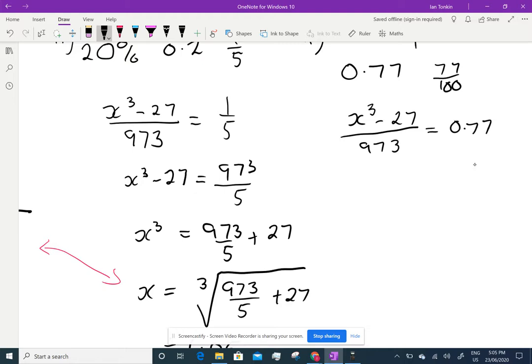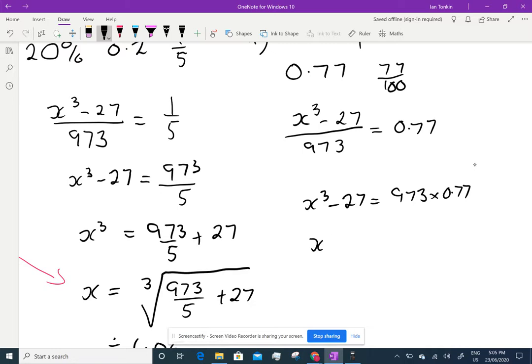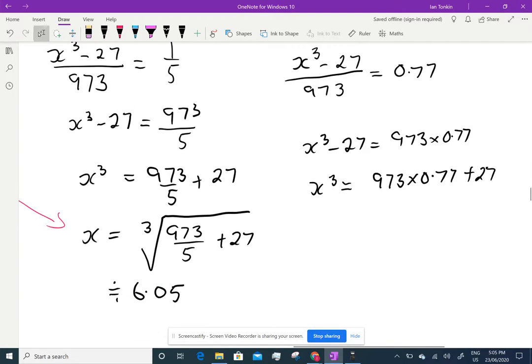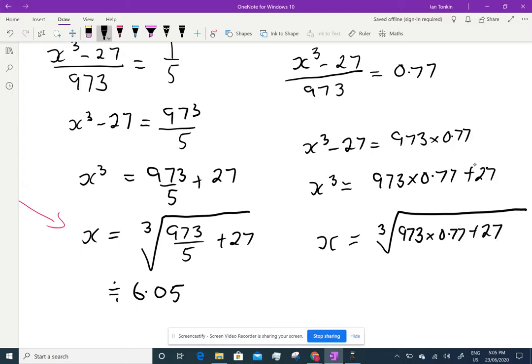Multiply that 973 over: x cubed minus 27 equals 973 times 0.77. Add the 27: x cubed equals 973 times 0.77 plus 27. And then cube root the whole lot. x equals the cube root of 973 times 0.77 plus 27.